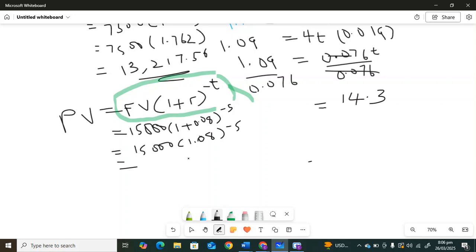After you give me that value, then 0.6805. Okay, so 0.6805 multiplied by 15,000.